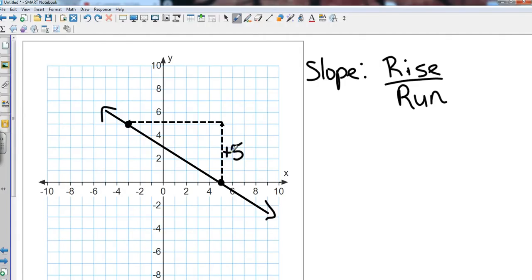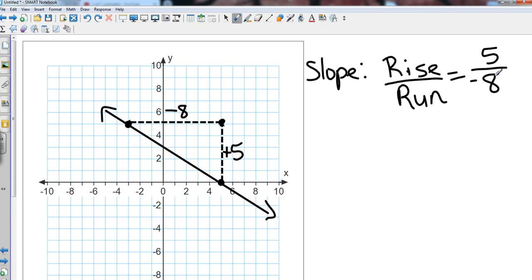If I were to go to a downwards direction, that would be a minus 5. Now that gets me to here. Then I go to the left. Let's see, that's 5, that's 8. 8 spaces. And because when I go left on the number line, that's a negative direction. Okay, so my rise is positive 5. My run is negative 8.